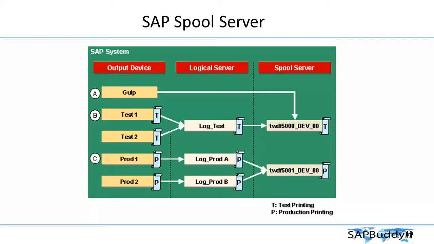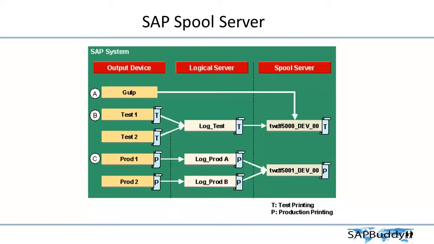The idea behind that is you can identify some of the devices as test devices or production devices, or you can group them together. Here, T means test printing and P means production printing. You can also create load distribution based on this logical server group.